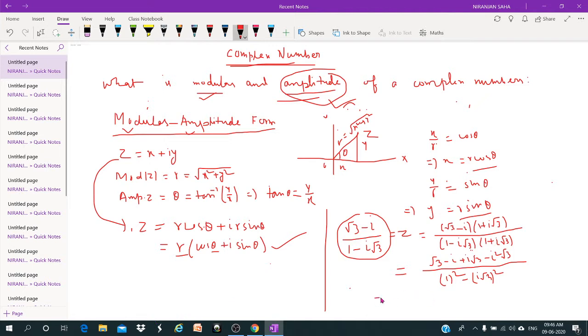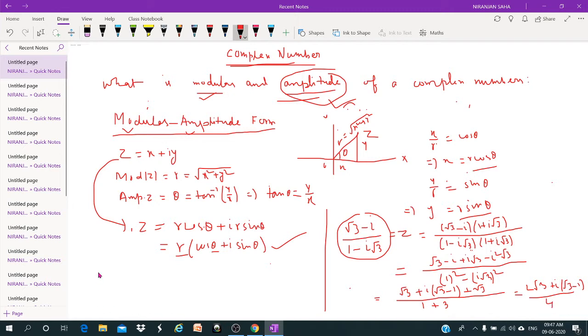So this will be √3 plus i(3 − 1)... wait, here i² is equal to −1, so this will be plus √3, and in the denominator it will be 1 + 3, which is 4. We get 2√3 + 2i over 4.